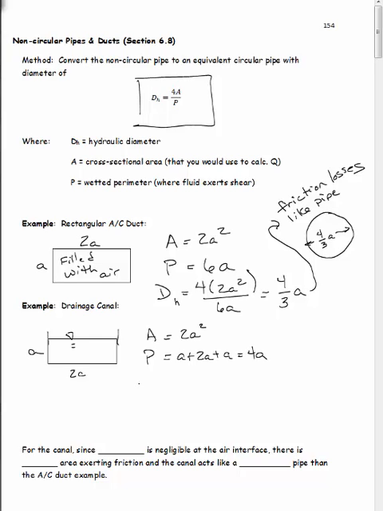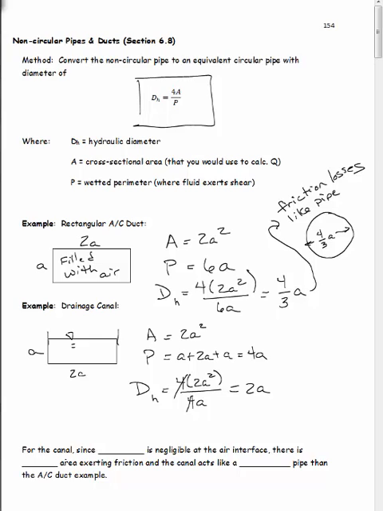Okay, so our hydraulic diameter for this case is 4 times 2A squared over 4A, which is just going to be 2A. Okay, so we ended up with a bigger hydraulic diameter for the drainage canal than we did for the AC duct, and that means that this is going to act like a bigger pipe, right?